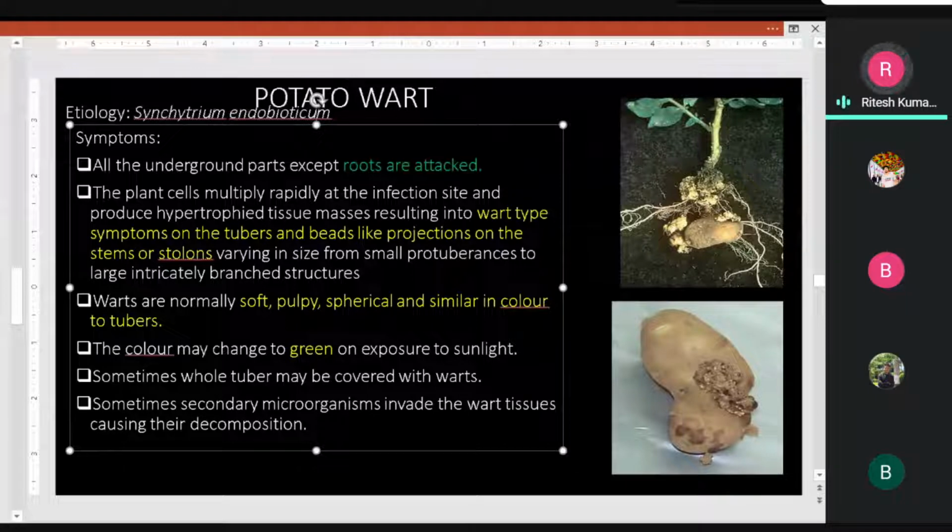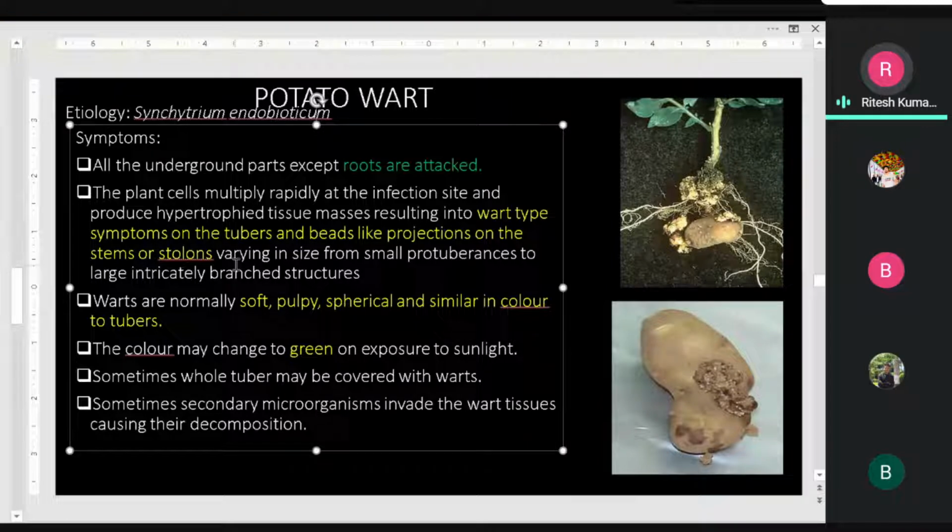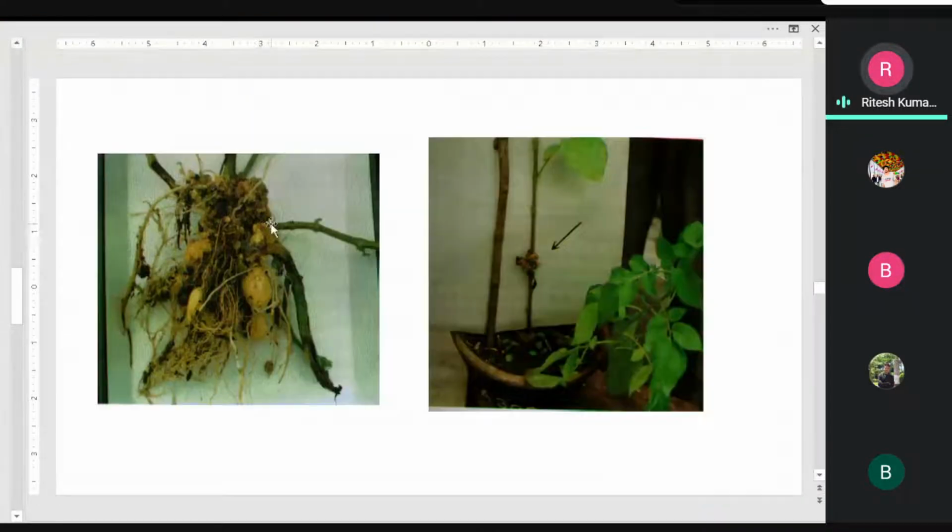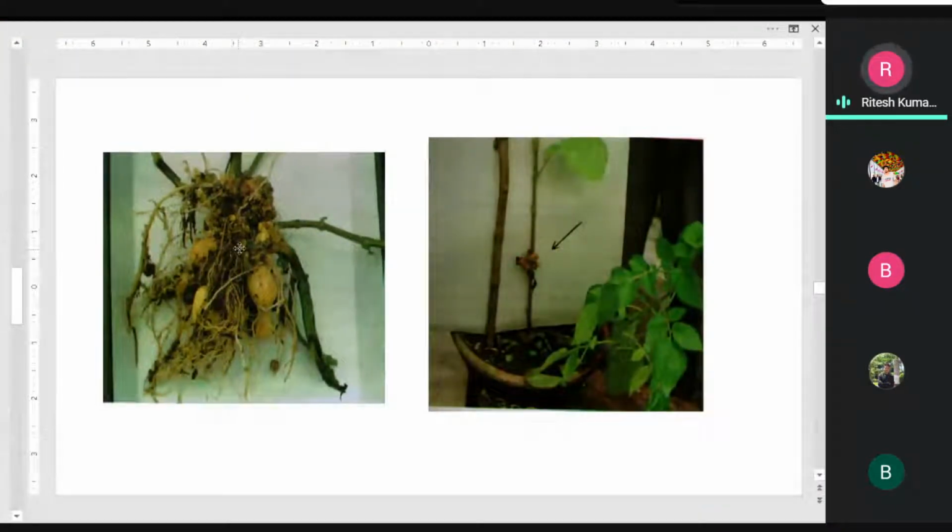If it is very severe, slightly wilting may be seen, but generally above ground symptoms are not seen. And in the underground part, all of the parts are attacked except root. So these are some symptoms in this case.